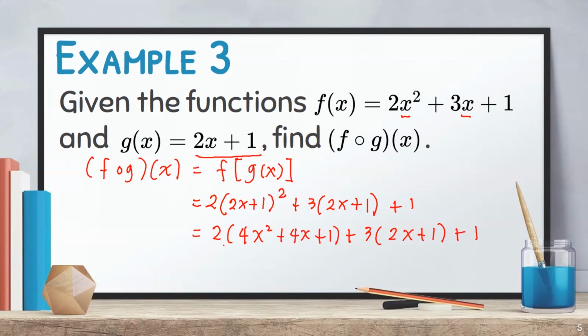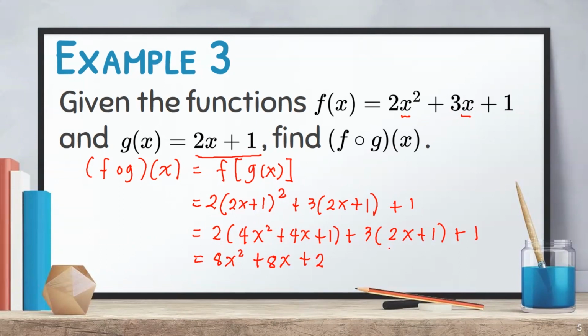The next thing to do is to distribute 2 to this trinomial and 3 to this binomial. So we will have 2 times 4x squared is 8x squared plus positive 2 times positive 4x is positive 8x. Then positive 2 times positive 1 is positive 2. The same thing goes for positive 3.